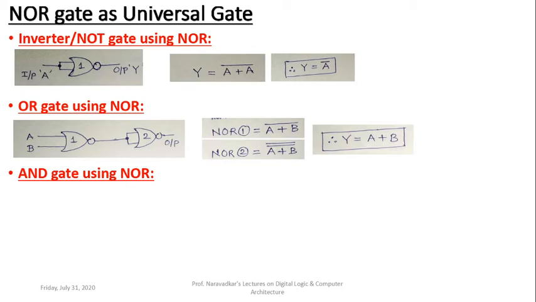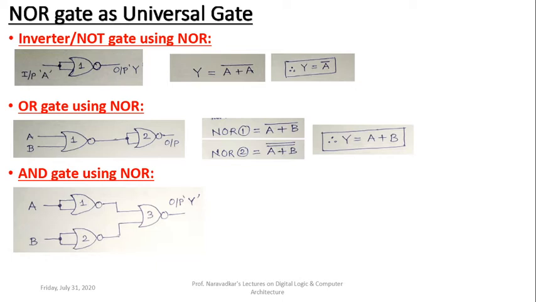So see here that particular design of AND gate by using NOR. So here is that design, where NOR gate 1 and NOR gate 2 are the inverters where the inputs A, B are applied. And then the outputs of gate number 1 and 2 are merged together by using a third NOR gate. So let us see the output equations. First of all, the output of NOR gate number 1 is nothing but the inversion of variable A, that is A bar.